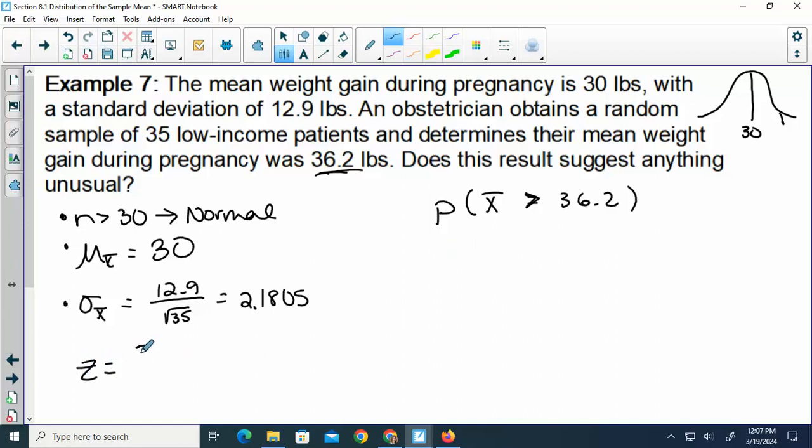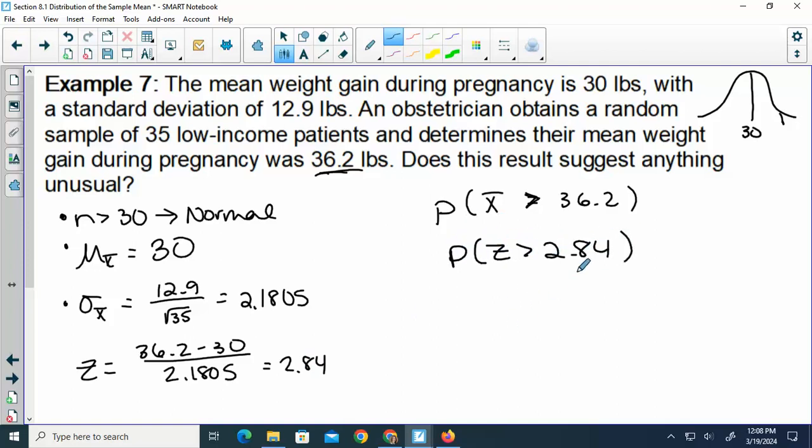So our value minus the mean divided by standard deviation. So we'll find probability z is greater than 2.84.